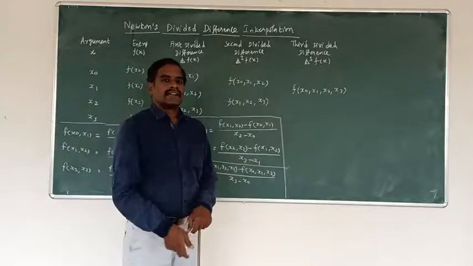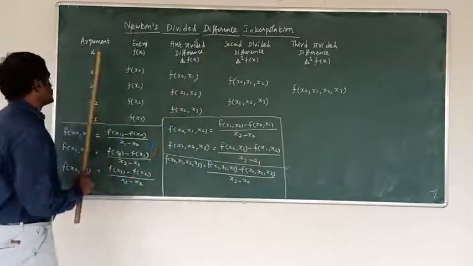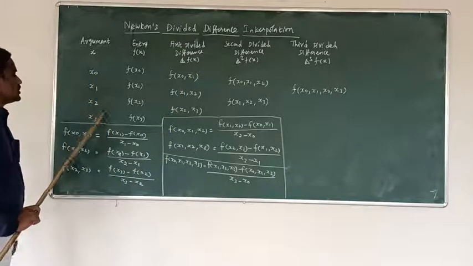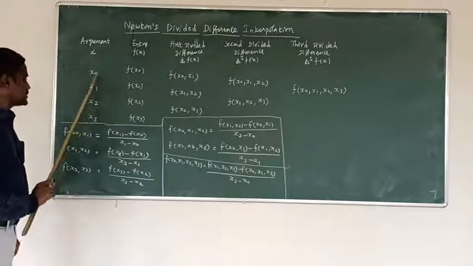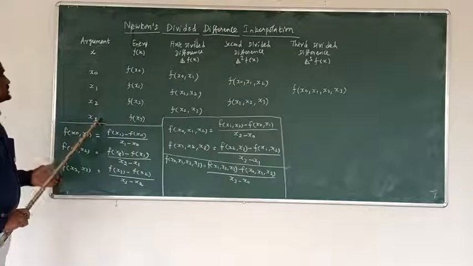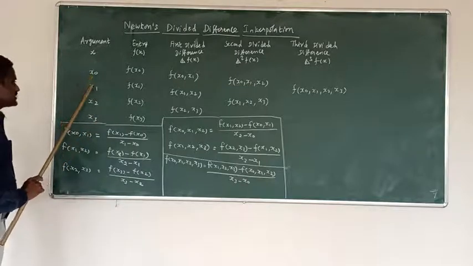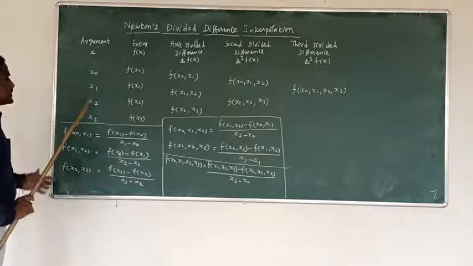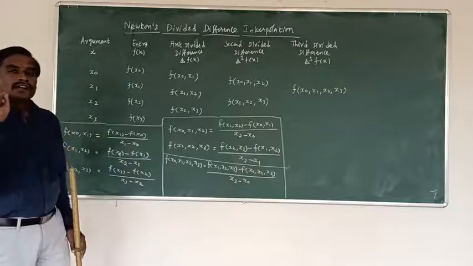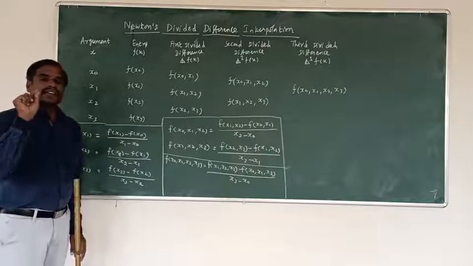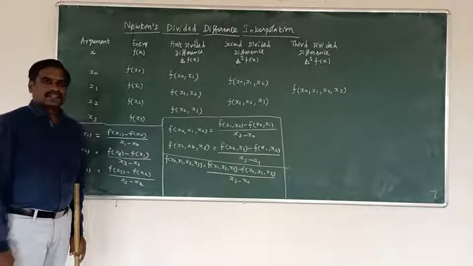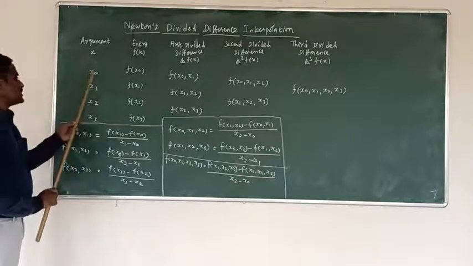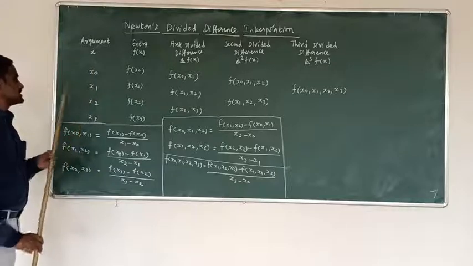The given x values, that is x naught to xn, the difference between two x values is not equal intervals.